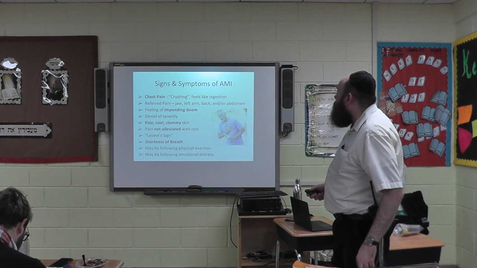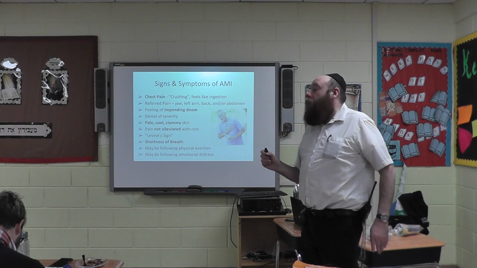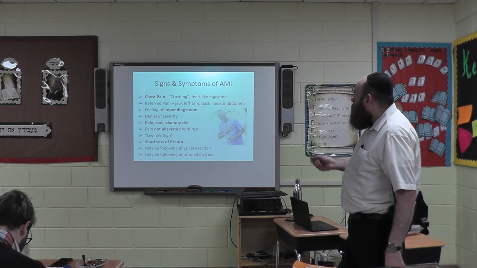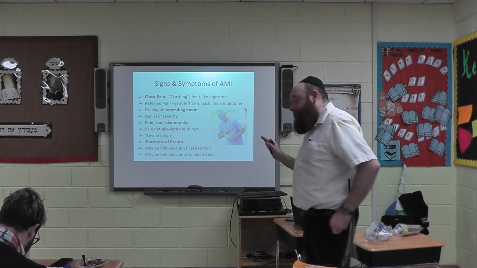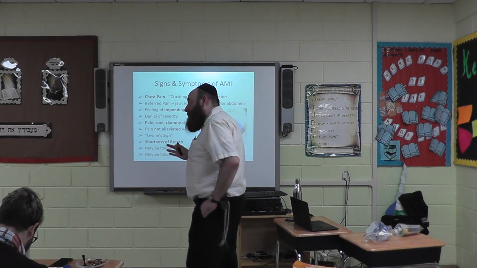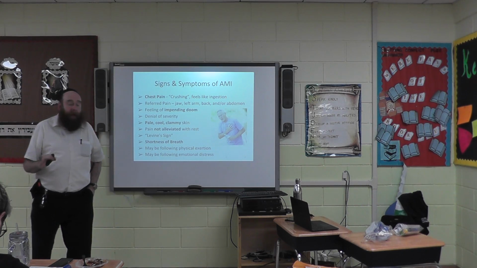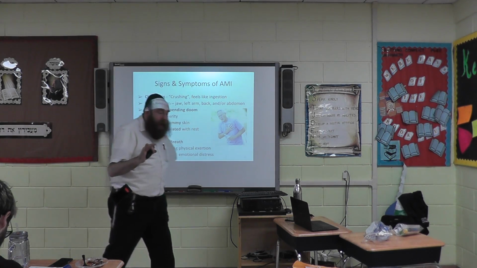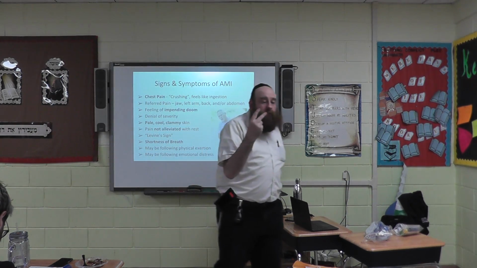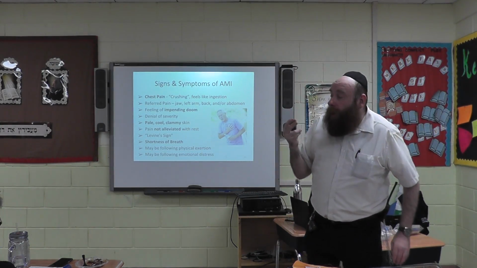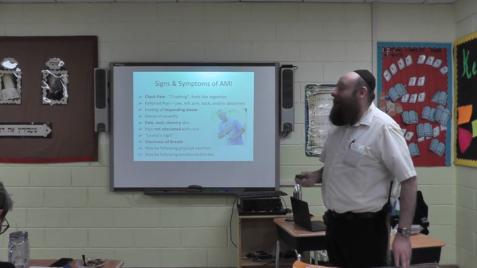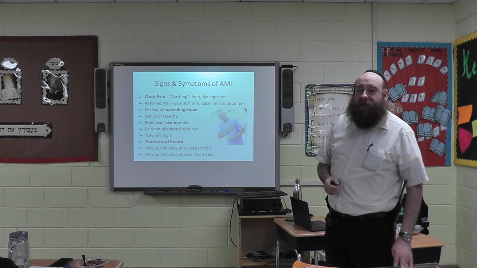I want to continue with signs and symptoms, but I don't have a slide on it. Maybe it's time I made a slide on this, but just listen to me for your own knowledge. There are 3 groups of people who will have an MI and not have any of these signs and symptoms.